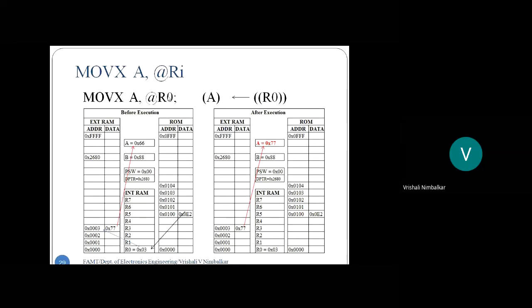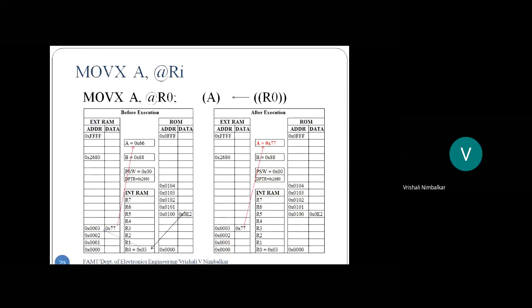So using this instruction, I can use an 8-bit pointer to a 16-bit address memory, but then I can access only the first 256 memory locations of external RAM. Is that okay? Why? Because the upper 2 digits are 00. So I need not refer to these upper 2 digits in the address. Is that fine?